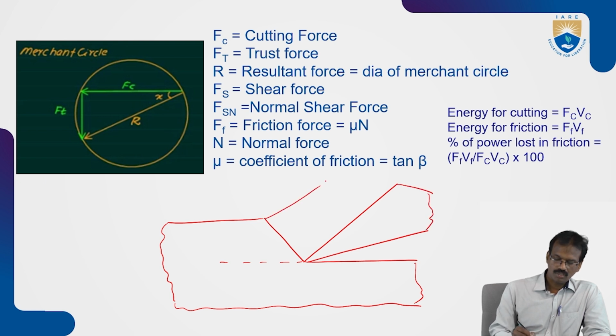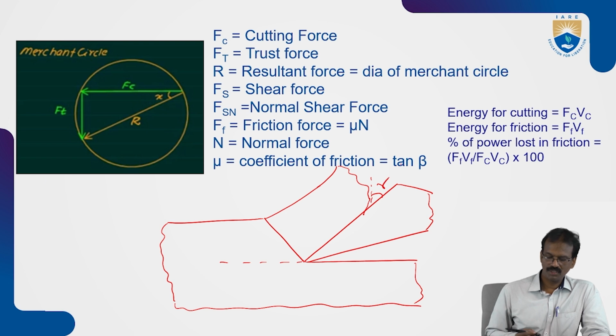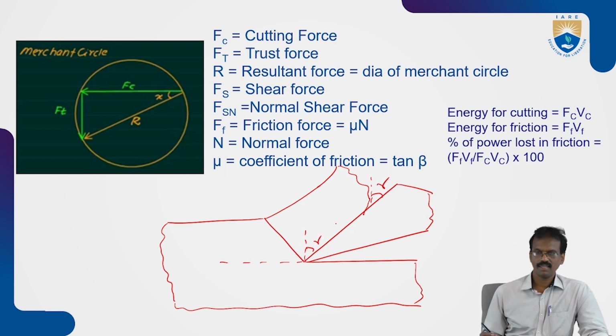This one is the chip movement. This one is the rake angle, alpha or gamma. Here also these are the reference lines, the reference lines to the edge and face of the cutting tool, that is the alpha, gamma, the rake angle. You know this one.